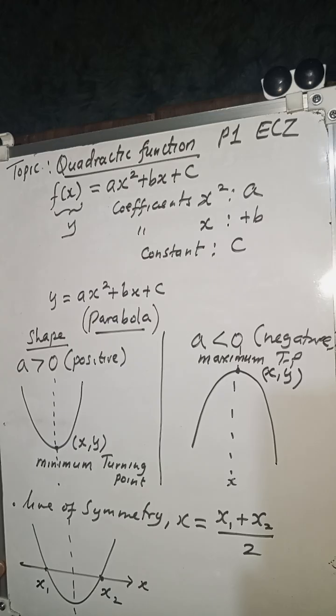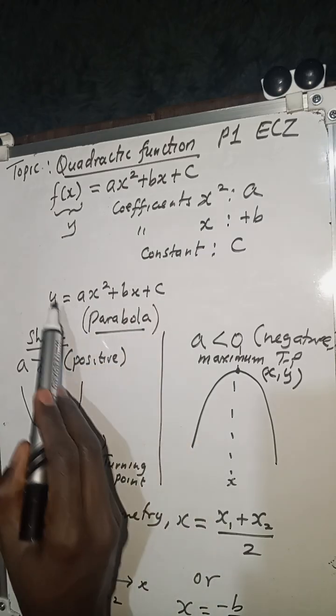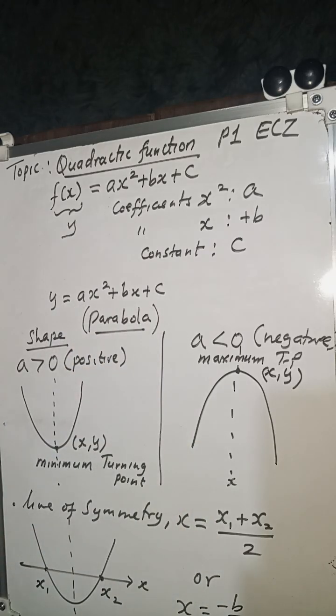But as I'm going to show you, there's also another method. Alternatively, we can use negative b over 2a, where b and a are simply the coefficients in that quadratic function.